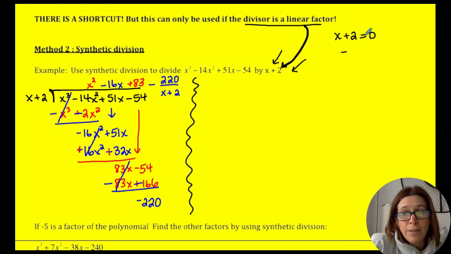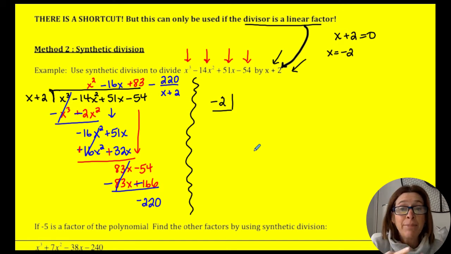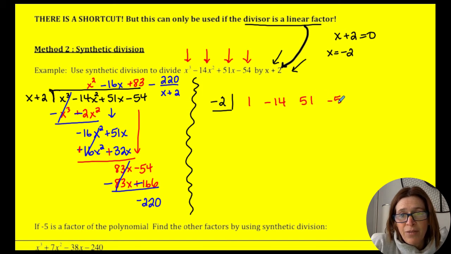So I'm going to be dividing by x equals negative 2. I'm going to put negative 2 in this little box right here, and next to it, I'm going to list all the coefficients of my polynomial. If there are any missing from 3 down, you have to put in a placeholder 0. So I write down my coefficients: 1, negative 14, 51, negative 54.